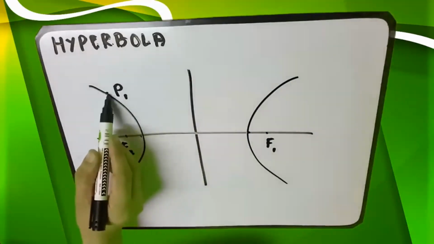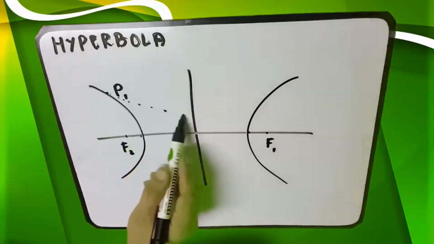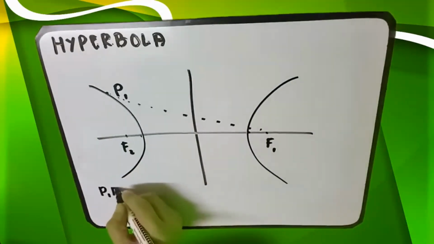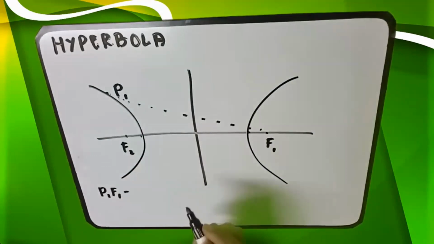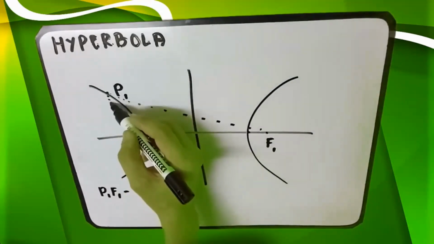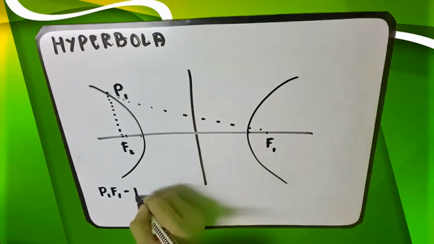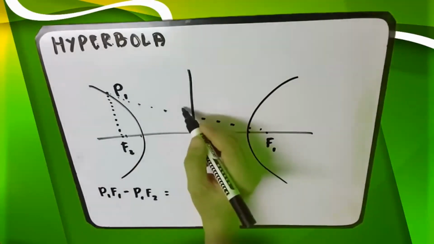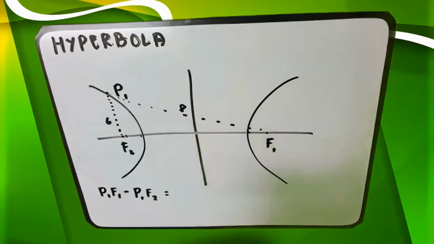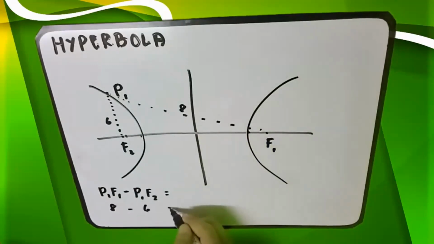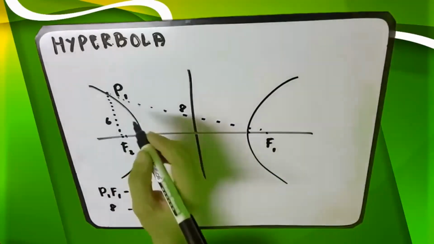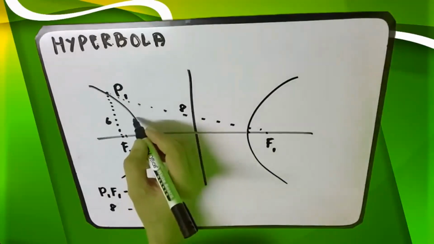Halimbawa daw, yung distance from P sub 1 to focus 1, bawasan natin ng distance from P1 to focus 2. Halimbawa ito ay 8 at ito ay 6. So kung ito ay 8 at ito ay 6, ang difference niya ay 2. And then gamit tayo ng another point na nandito sa hyperbola.